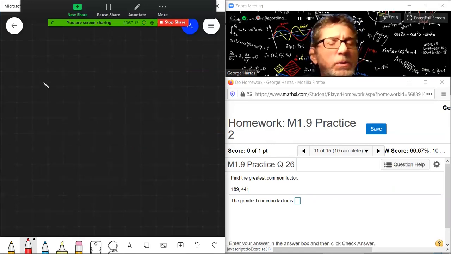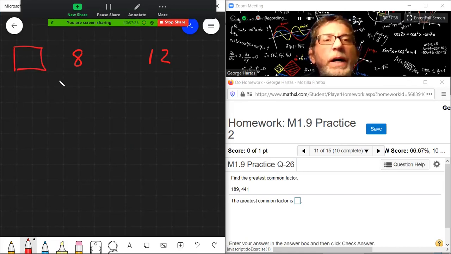All right, so let's say we have the number 8 and the number 12. What is the biggest number you can think of that divides both into 8 and 12?